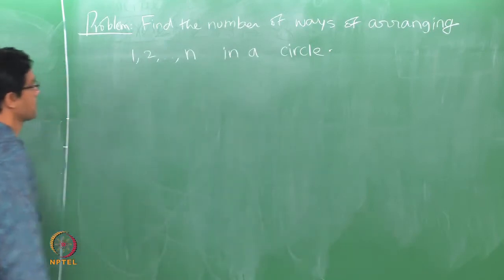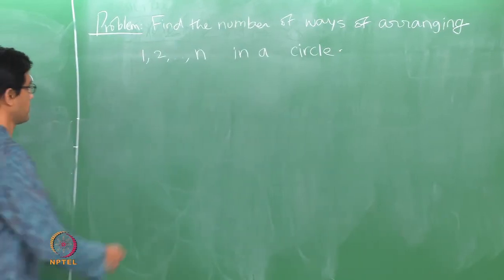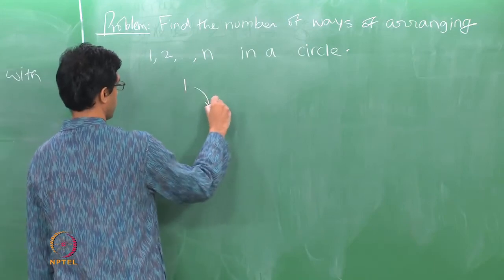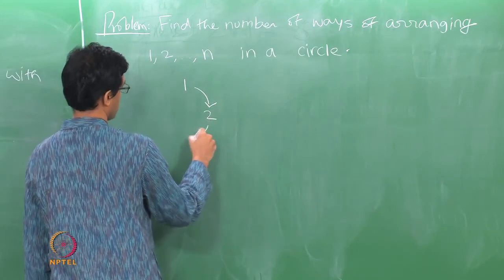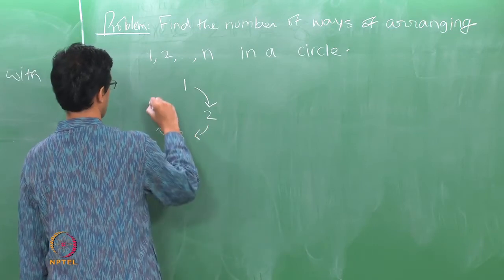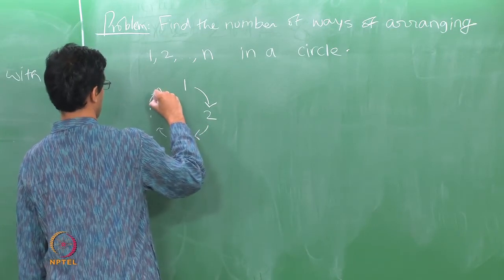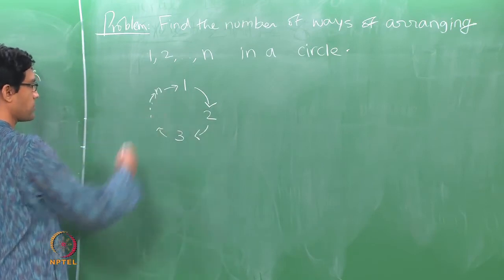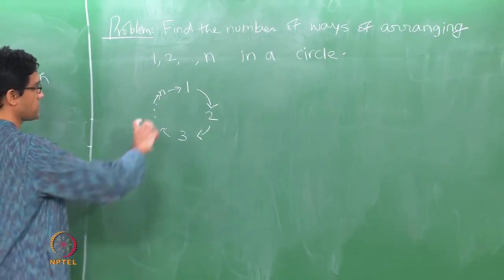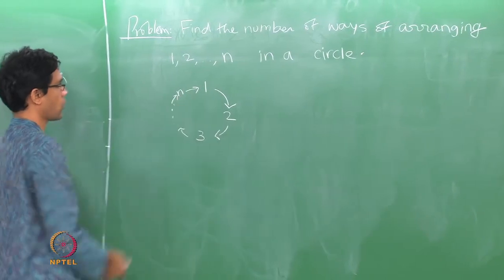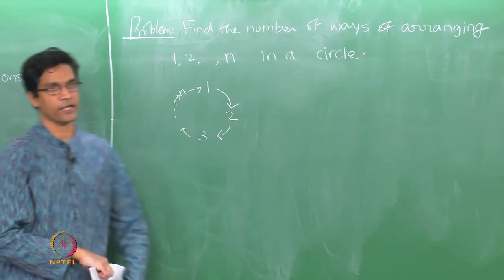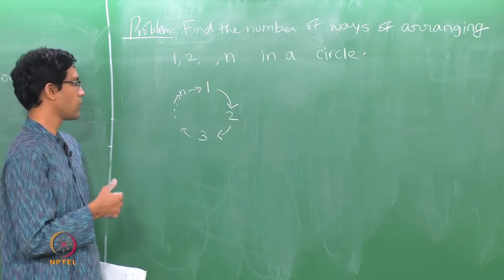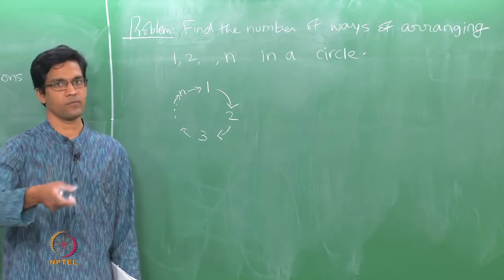Okay. So observe here's the thing: for instance I have the arrangement 1 going to 2 going to 3 going to n going to 1. Now I will think of this arrangement as being the same as an arrangement in which I move the numbers clockwise. So when I say I want to only arrange them in a circle, what I mean is that I only want to look at the relative positions.